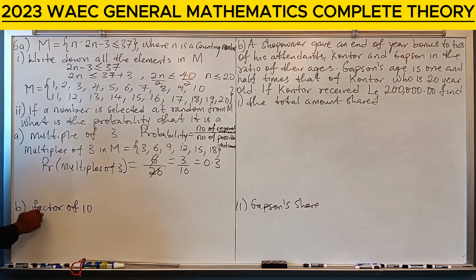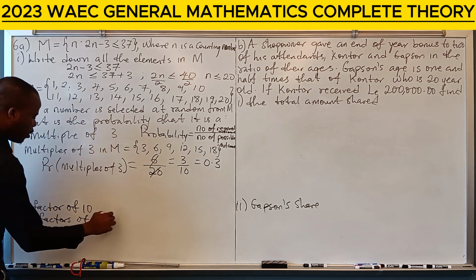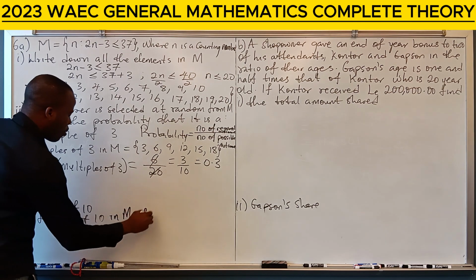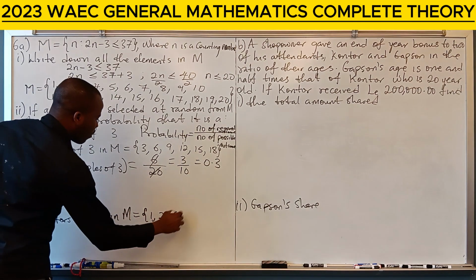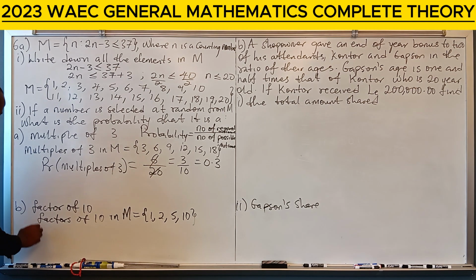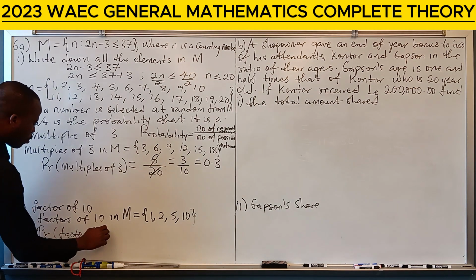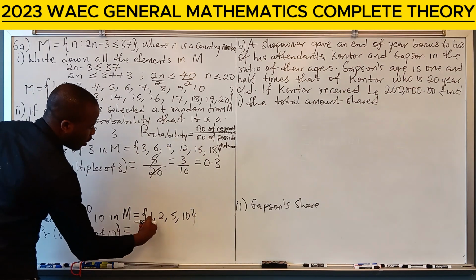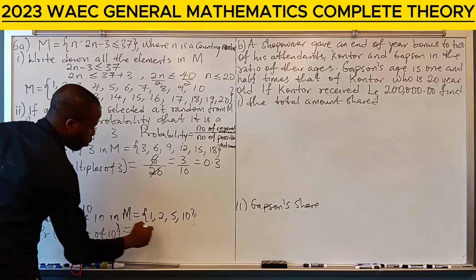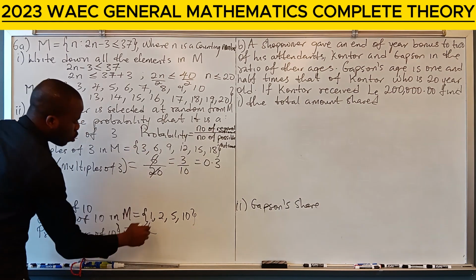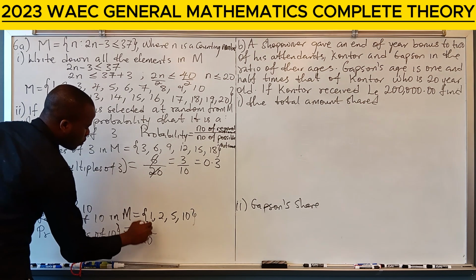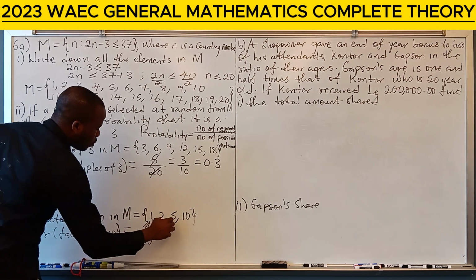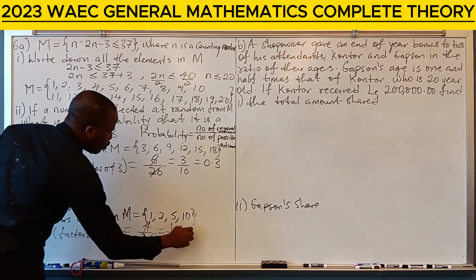Factors of 10 in M are 1, 2, 5, 10. And probability of factors of 10 will be, how many numbers do we have here? The required outcome 1, 2, 3, 4, and the possible outcome is 20. This is 1 over 5, and this is 0.2.